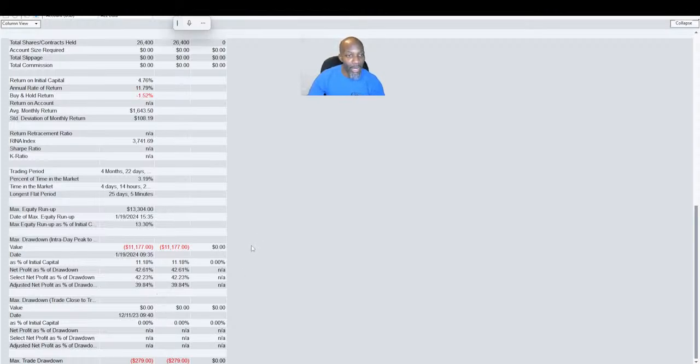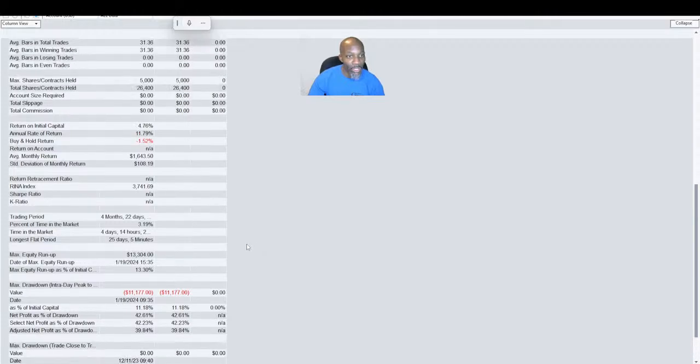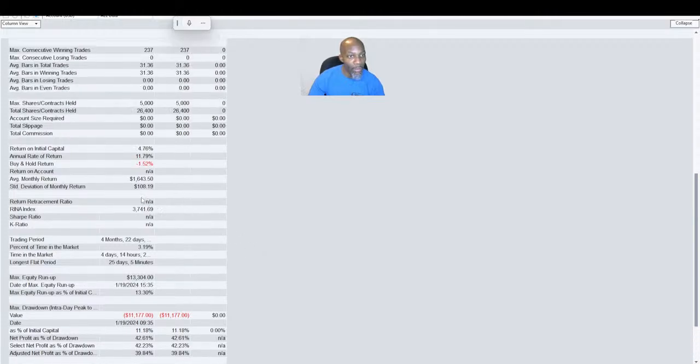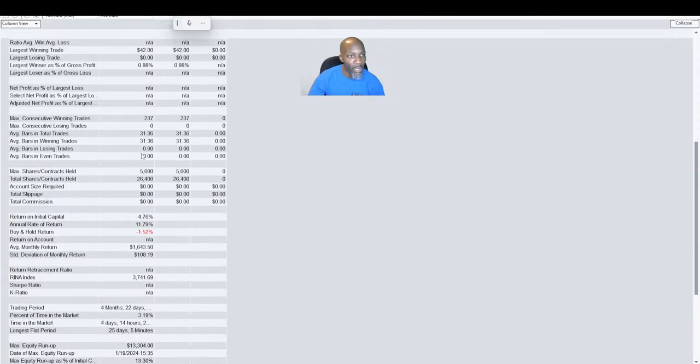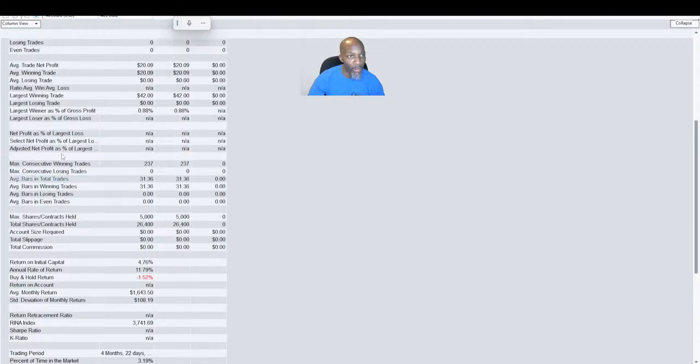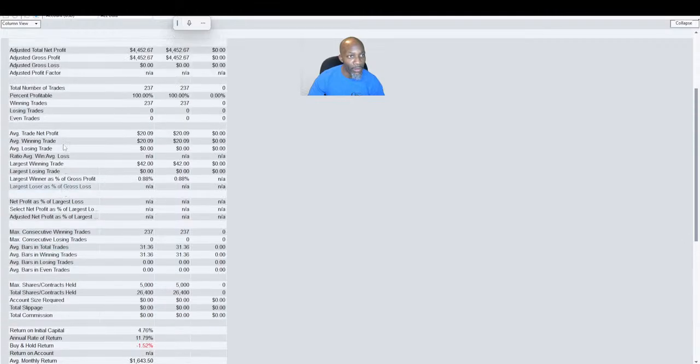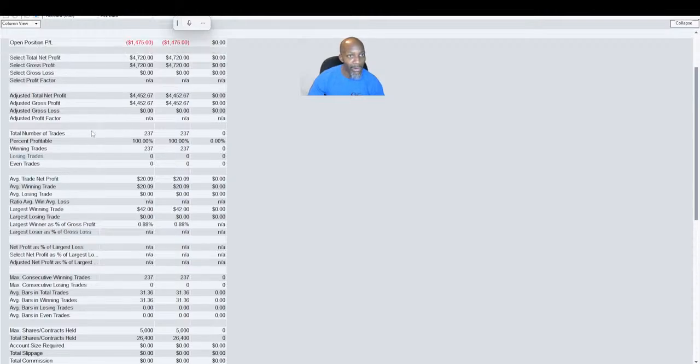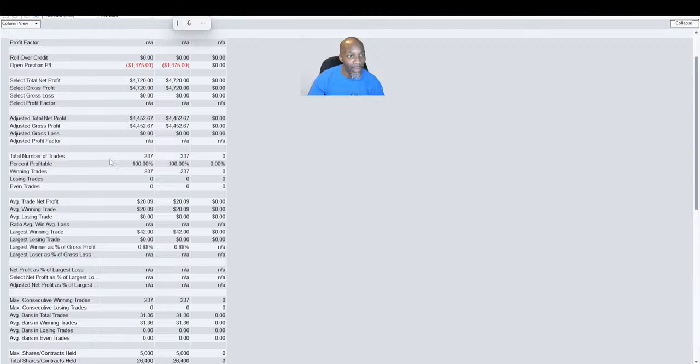Well, I'm not seeing it right now, but typically it'll show that you have so many positions that are still in an open trade. I don't see it.